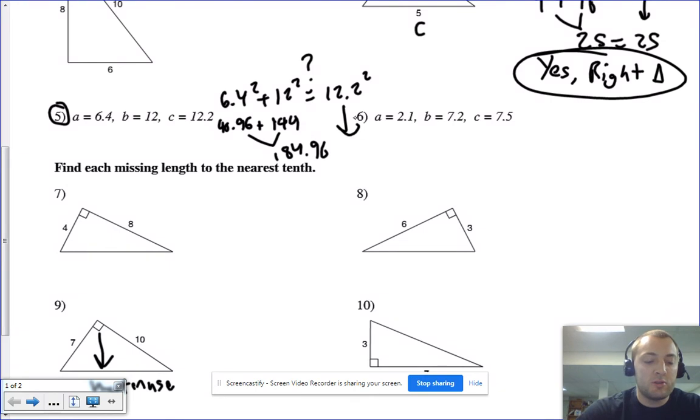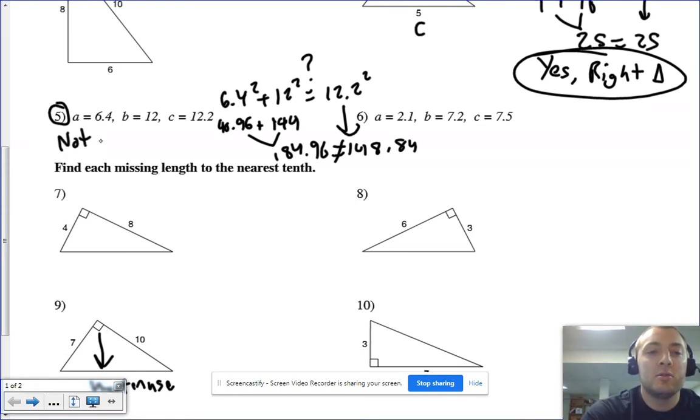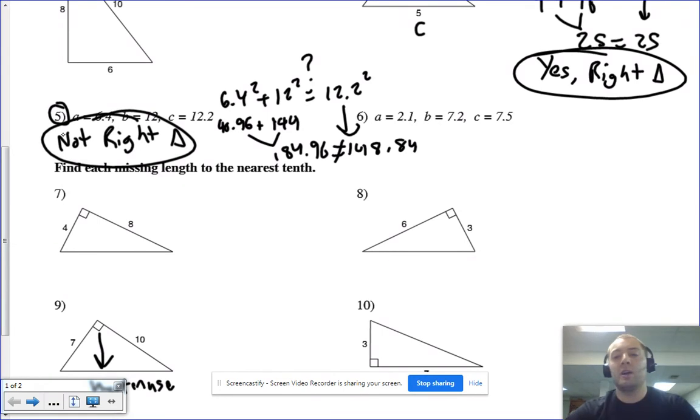So 12.2 squared is 148.84. They're not equal, which means this is not a right triangle. All right, so that's how you can use the Pythagorean theorem to check if you have a right triangle. And again, you'll be doing that for number 8.